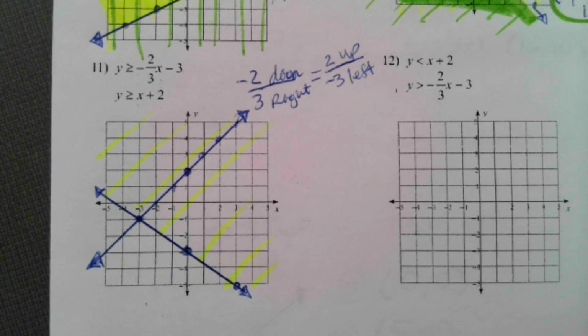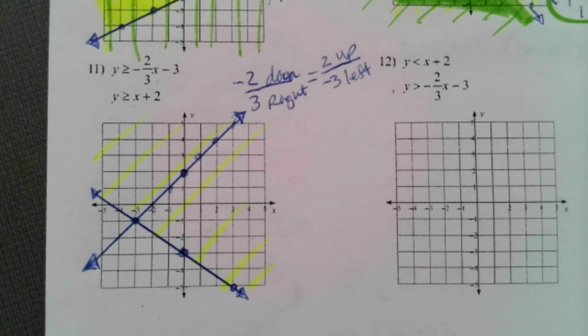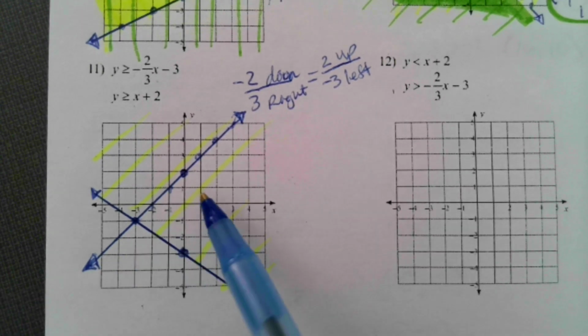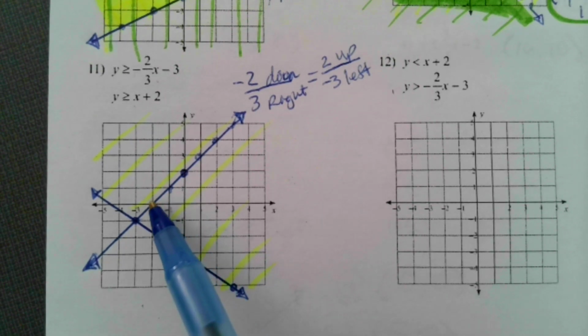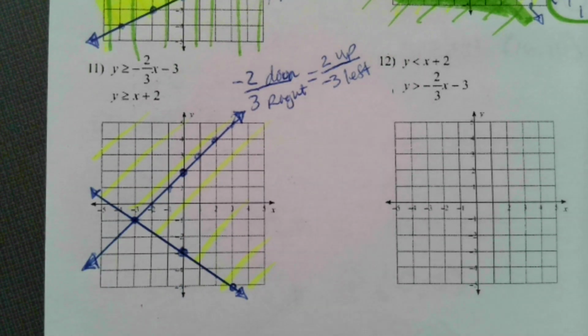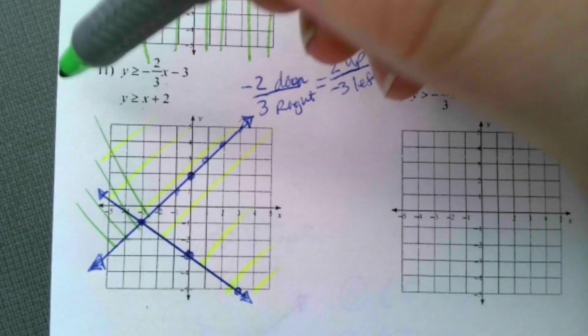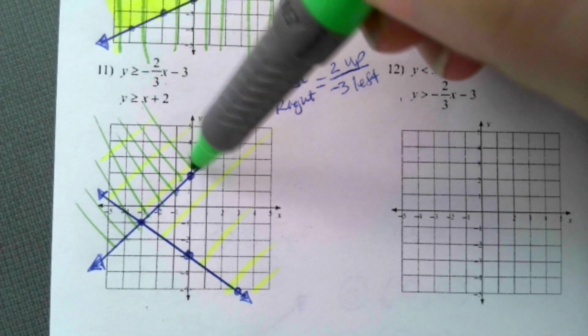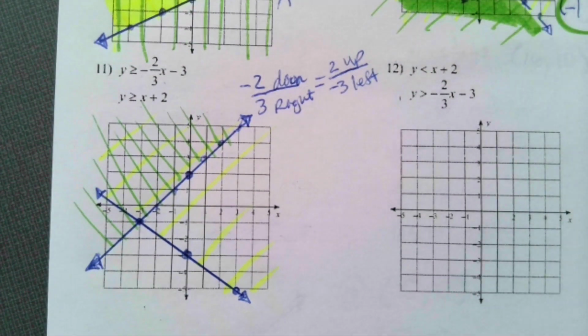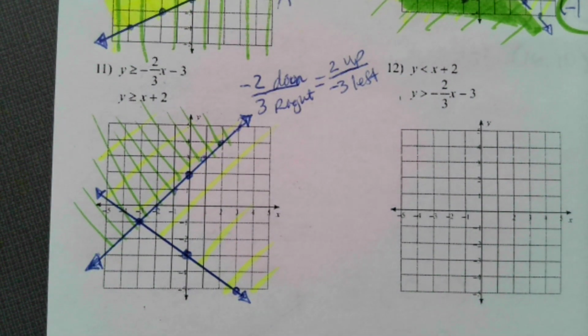I'm going to try to move it out of the super bright zone. Okay, and then am I shading above or below this guy? Above. Above. So we want the part where they're overlapping.